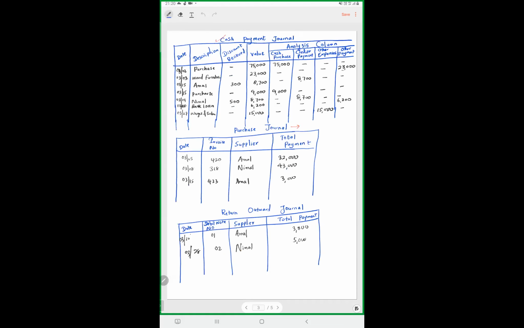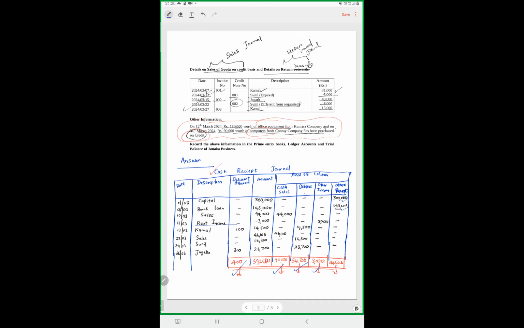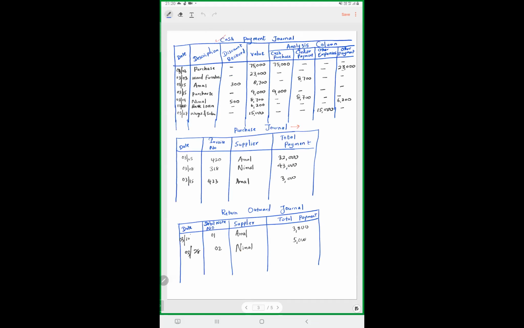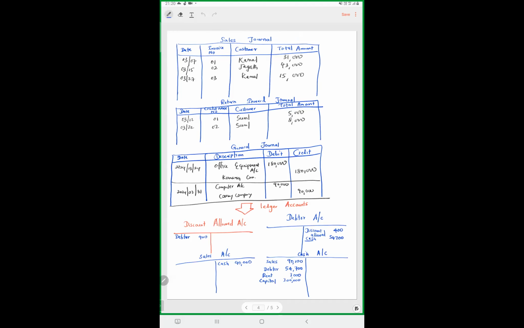And next, bank loan. We are receiving the money from a bank loan. Therefore, cash account debit, bank loan 145,000.